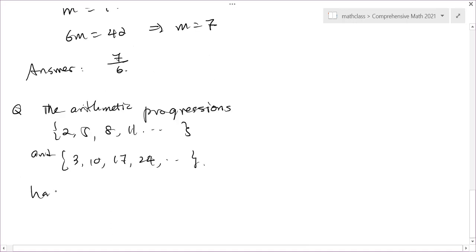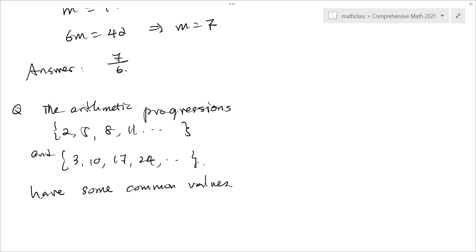So these two sequences have some common values. What is the largest value less than 500 that they have in common?